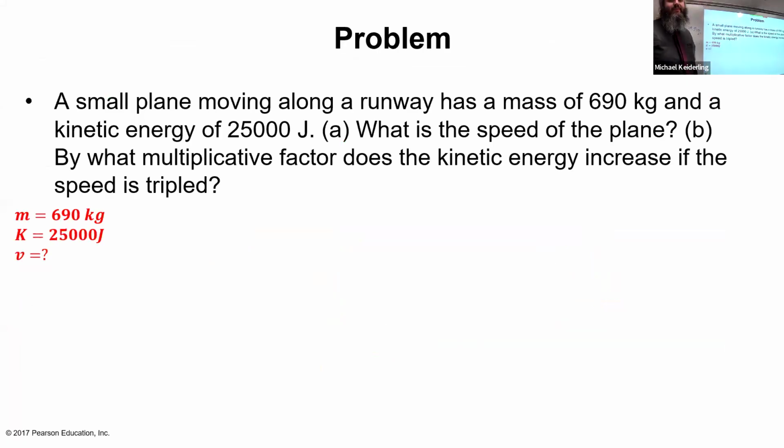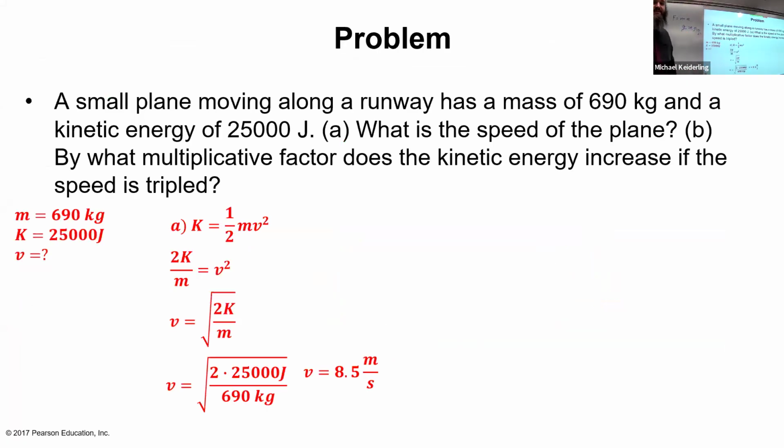Sorry about that. Apparently, I just forgot to put the actual value in. The 2 times 25,000 joules over 690 kilograms comes out to 8.5 meters per second. I don't know why I made that mistake. I'll re-upload these slides.